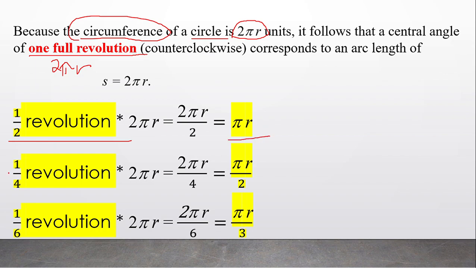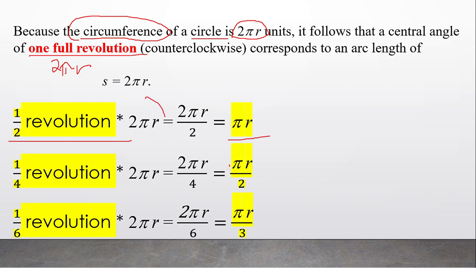Then 1/4 revolution times 2 pi r is equal to 2 pi r over 4. Since we can divide 2 by 4, it becomes 1/2, so 1/2 pi r. So we have pi r over 2. Next, 1/6 revolution times 2 pi r.